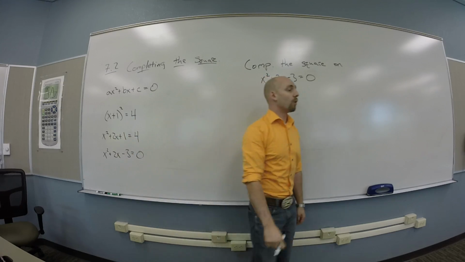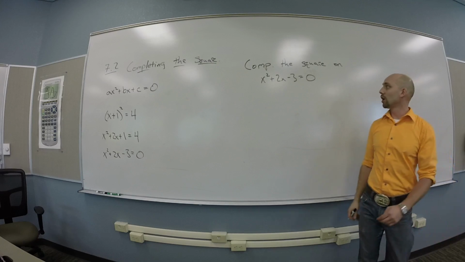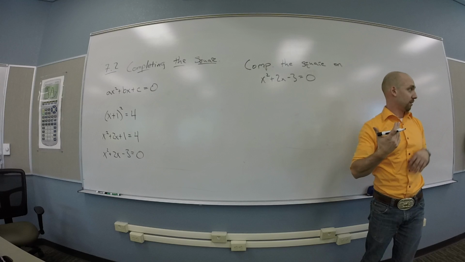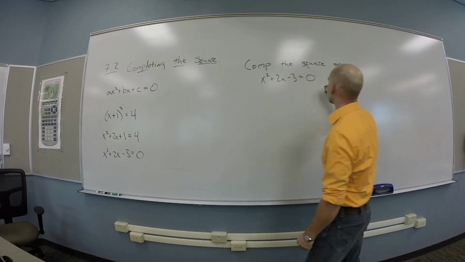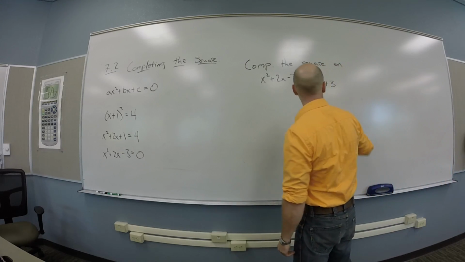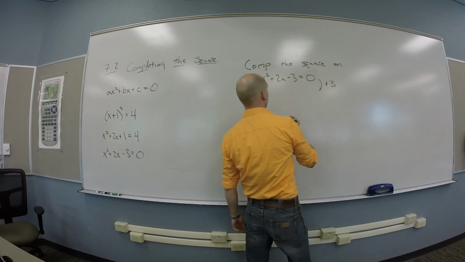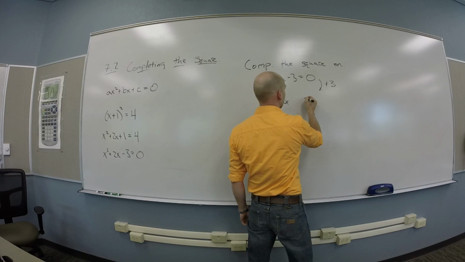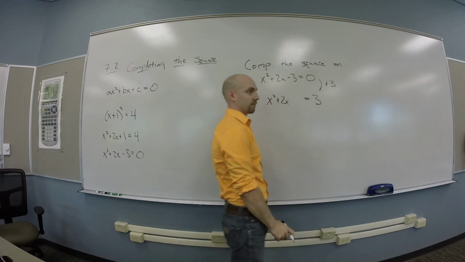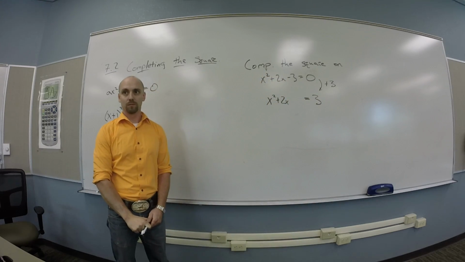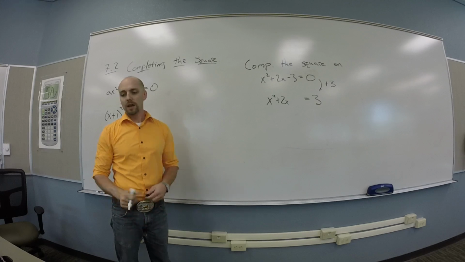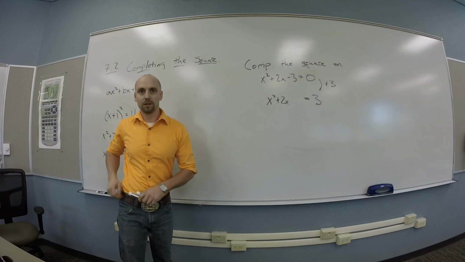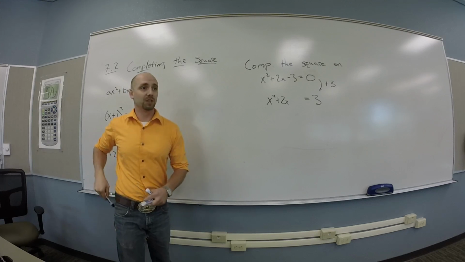Okay, so what I'm going to do is I'm going to start by saying, all right, the 3's in the way. I'm going to push it to the other side. I'm going to add 3 to both sides, even though that seems kind of backwards. So I've got x squared plus 2x is 3. Cool? Now I'm going to throw a blank in both sides, because I'm going to fill it with something.